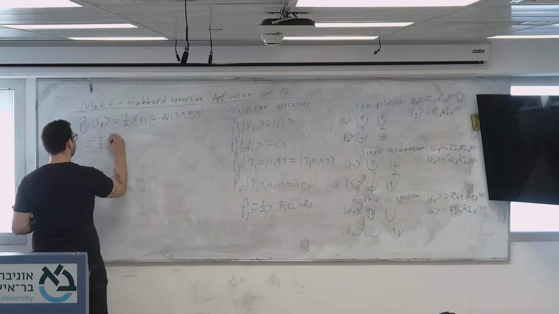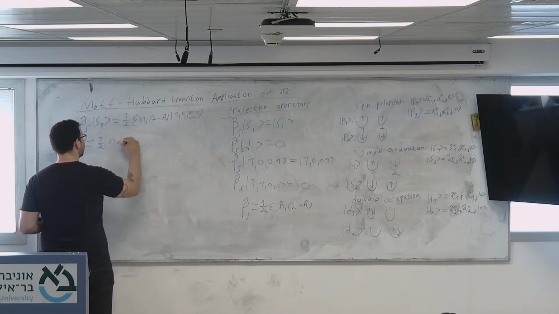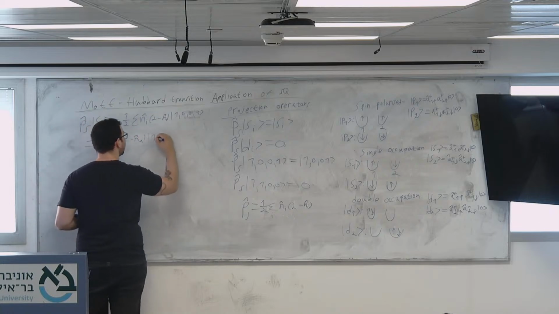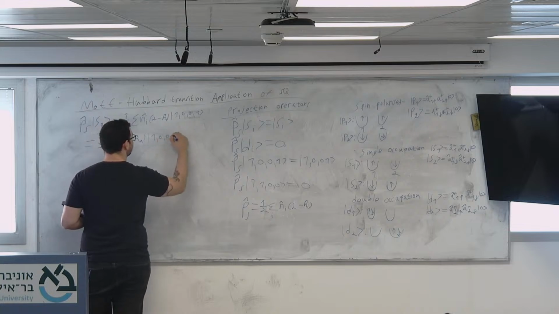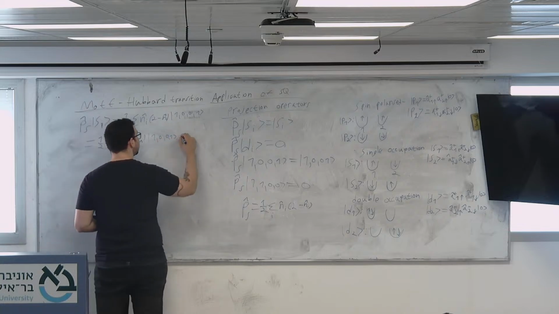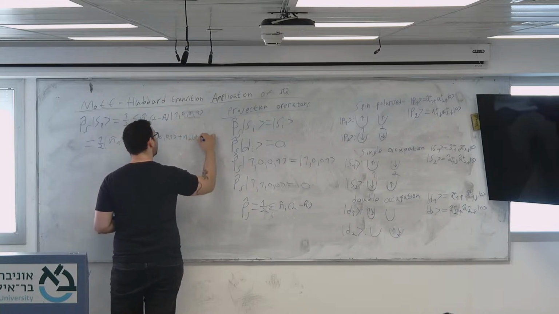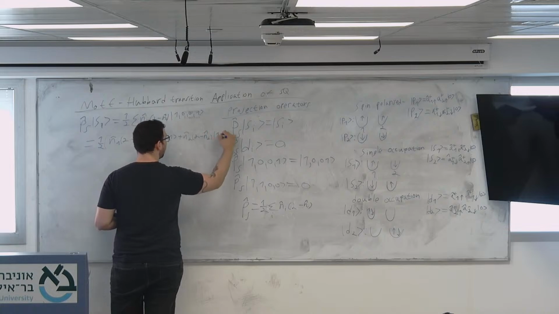Equal to 1/2, n1 times (2 minus n1) acting on 1, 0, 0, 1, plus n2 times (2 minus n2) acting on 1, 0, 0, 1.